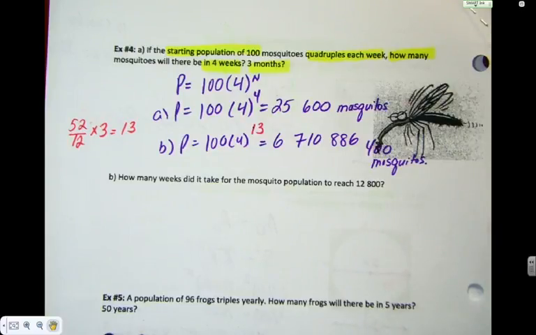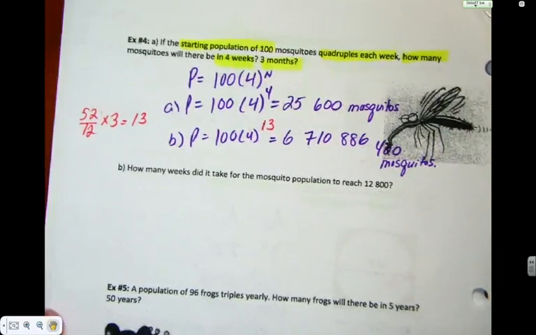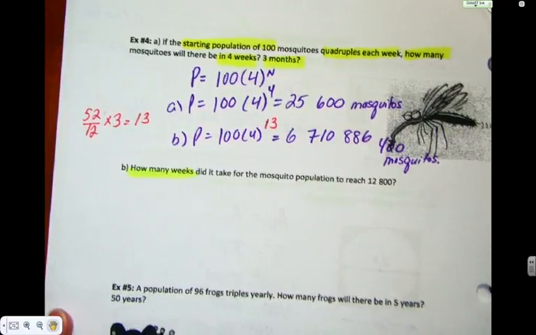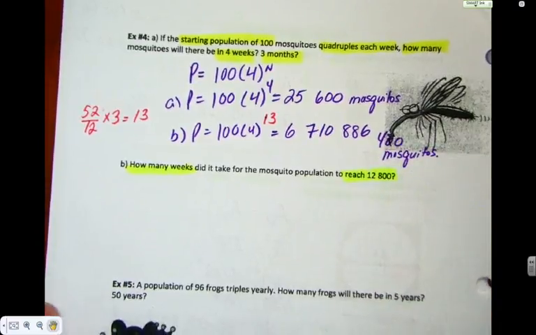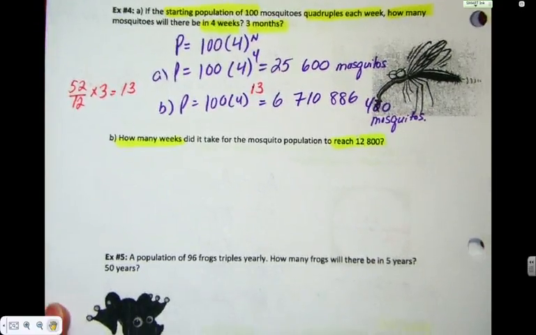Part B, keywords. I would do another word in there. So what is reaching 12,800?